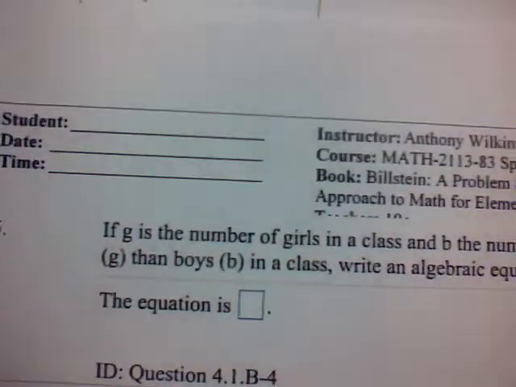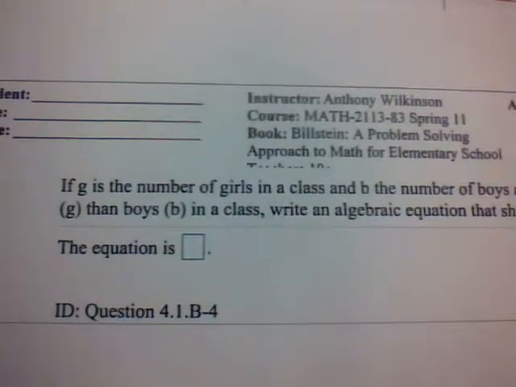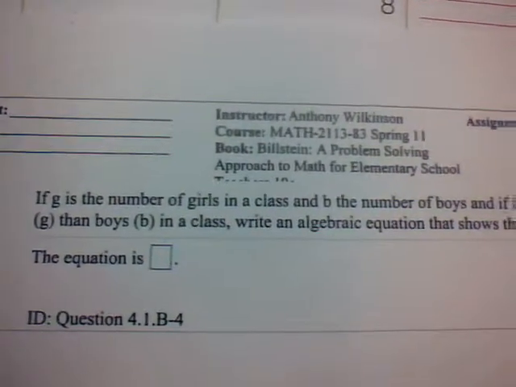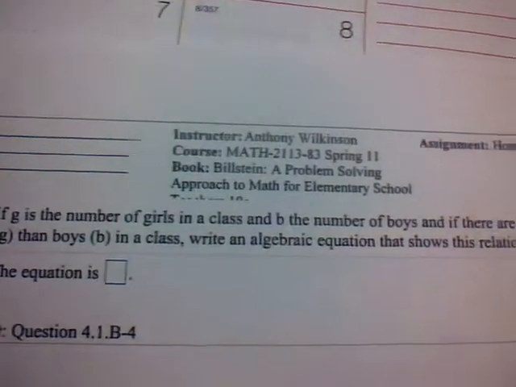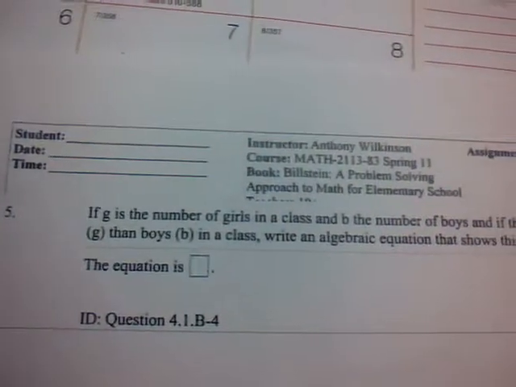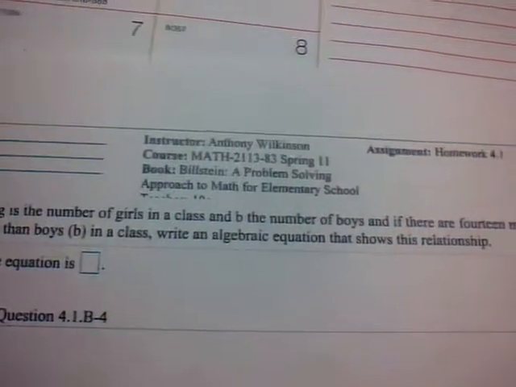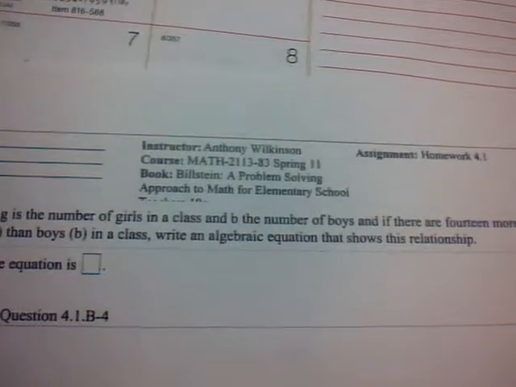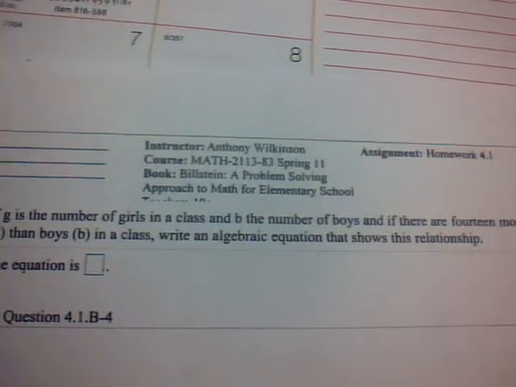And finally, number 5 is this. If G is the number of girls in a class and B is the number of boys, and if there are 14 more girls than boys in a class, write an algebraic equation that shows this relationship.